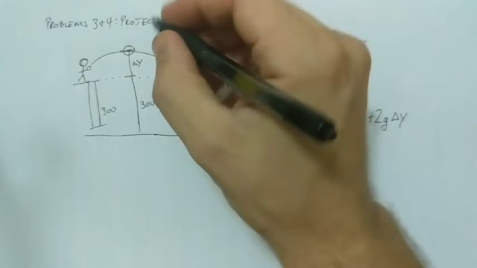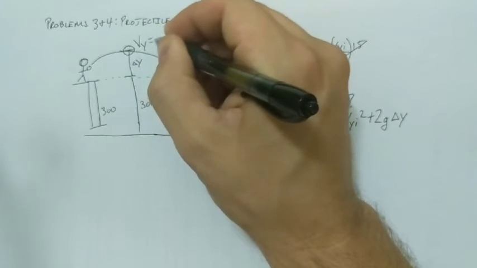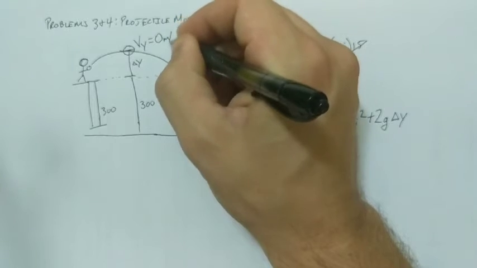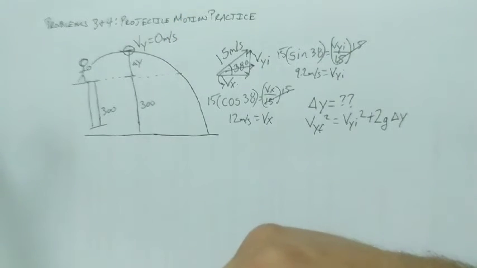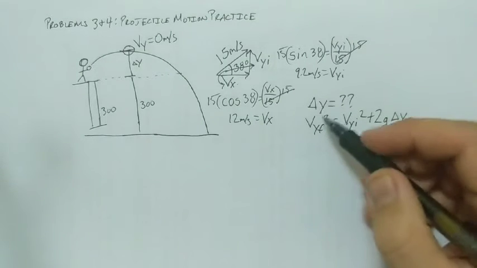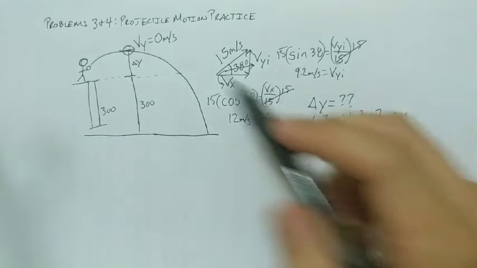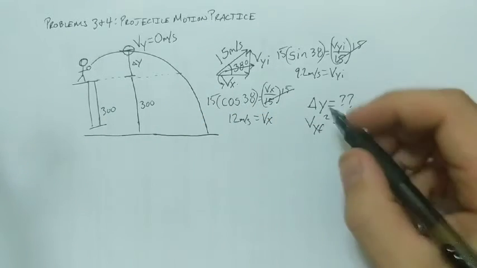And at the peak of my path is a special case where my vertical velocity, my Vy, equals 0 meters per second. So it's at that point that the object has stopped going up and it has started coming back down. So because I've chosen that special point, the peak, I do know what my Vyf is. At this point in time, my vertical velocity is 0.